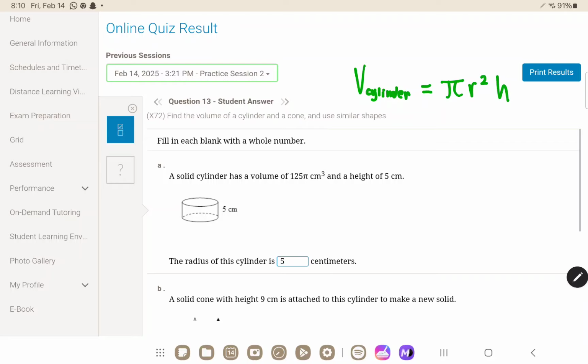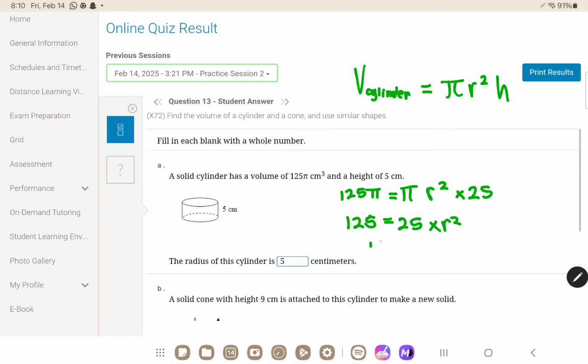Now we have the volume, so 125 pi equals pi times r squared, which we don't know, times height, which is 5. So now we're left with 125 equals 5 times r squared.